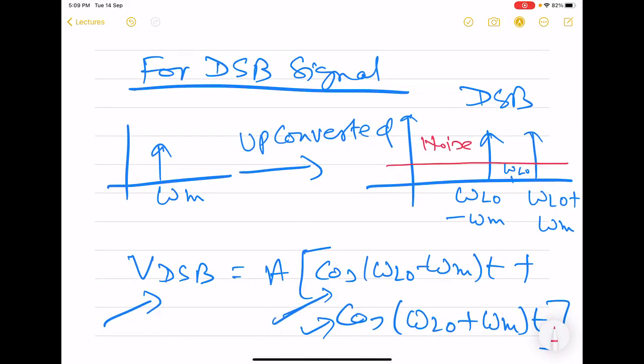When this is down converted, these two signal components undergo down conversion, and that is why we get the 2 cos omega t term. And noise at the location of both the signals also gets down converted. So after down conversion, we get 2 signals and 2 noise.